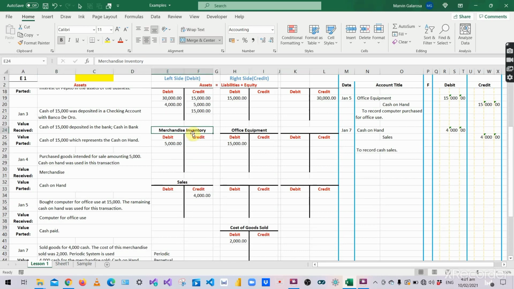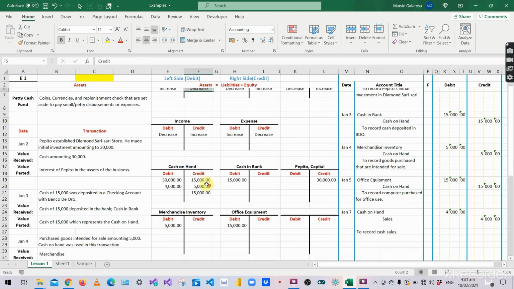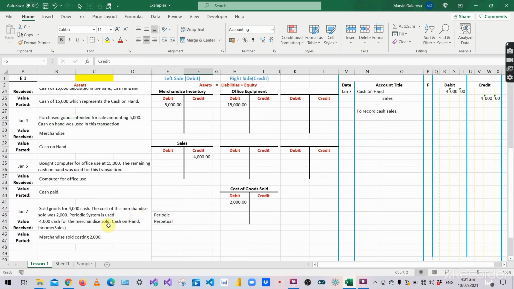Si merchandise inventory, siya ay asset. Ang decrease sa asset or bawas, recorded sa credit side. So, yung 2,000 pesos, post natin siya sa credit side ng merchandise inventory. So, meron na tayong additional na entry, debit and credit.